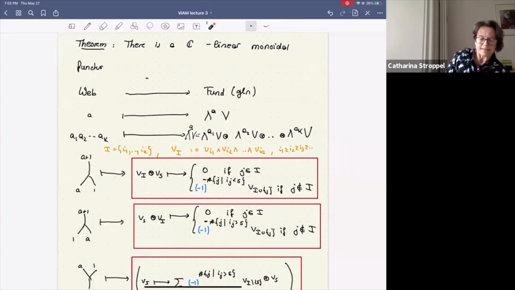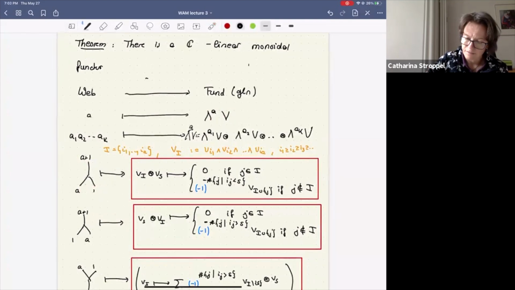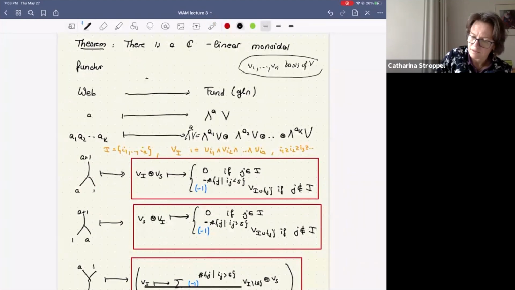And I'm a bit lazy, and I just want to do it for the case where one of the entries is 1. So I have A and 1 going to A plus 1. And what I do is the following. So my notation is the following. If I have a set I of indices, so I have a basis vector in such a wedge product, v_i1, v_i2, up to v_ik, where I recall v1 up to vn is a basis of V. So this was my notation from before.